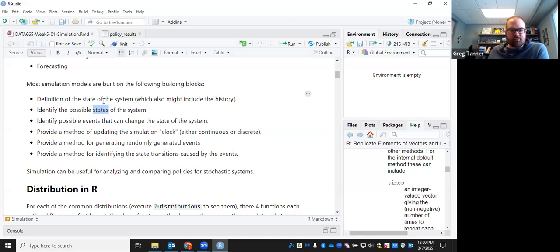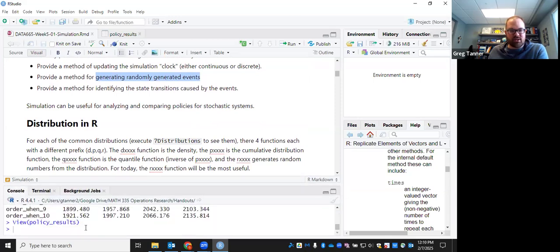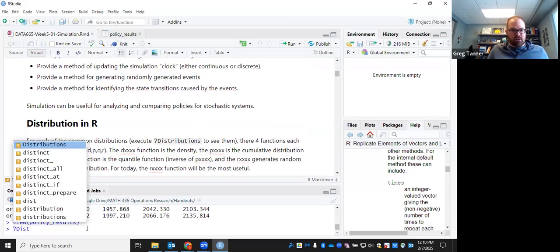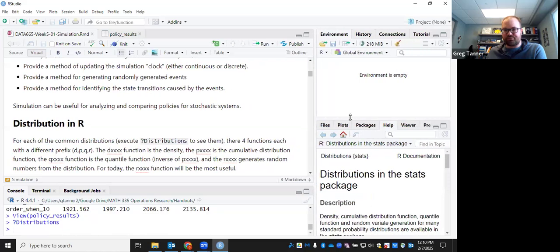So these are the building blocks. One of those building blocks is generating those random events, so let's talk a little bit about generating random values in R. Probability distributions are going to come into play whenever you're generating random numbers. If you want to know more about what distributions are available in R, you can type ?distributions, and that will open up the help file for the distributions in the stats package.